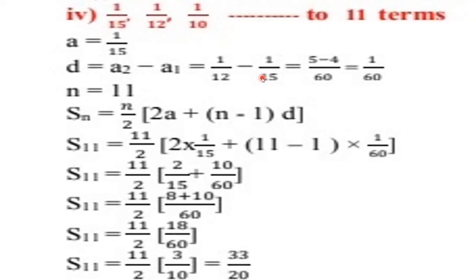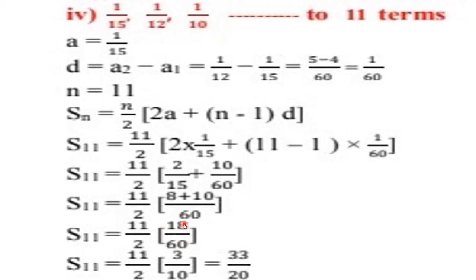If you know the very basic concept of taking LCM, it will be easier to find the value of d. After that, while adding or subtracting the numbers, you should not add the numbers as they are. I cannot write that 10 plus 2 will be 12 and write 60. Just remember, the LCM has to be taken. Understood? After that, simplification is also important.